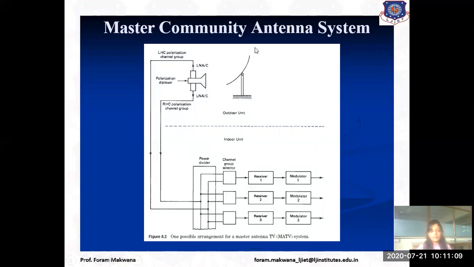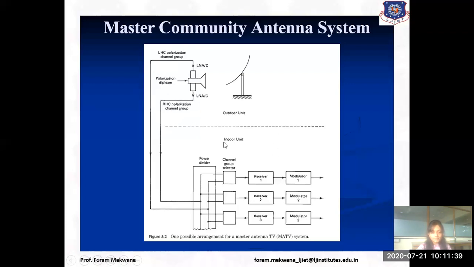The signal which we receive with the help of this parabolic dish antenna is focused on this horn, which converts a specific frequency into a left hand circular polarized channel group and a right hand circular polarized channel group. Why are we going to separate out these left hand and right hand circular polarized channels?